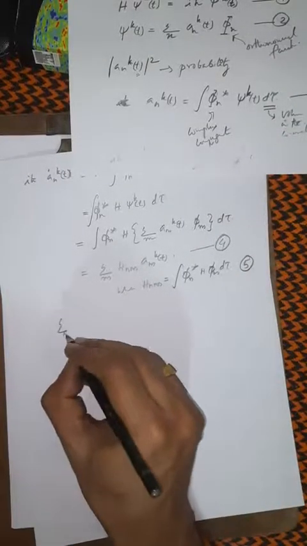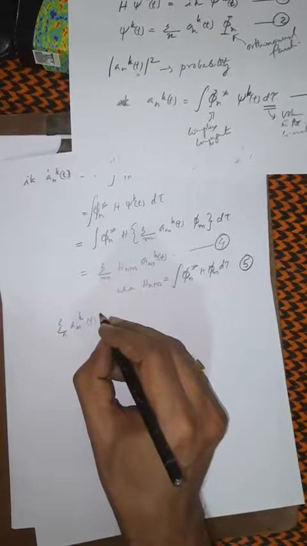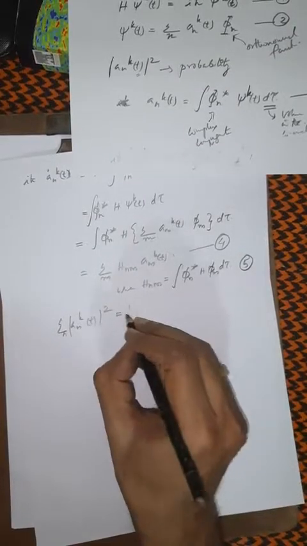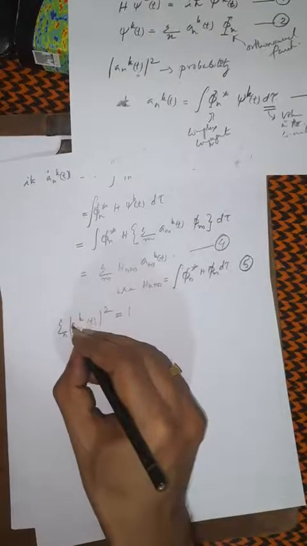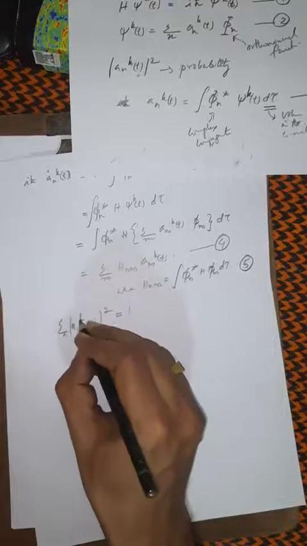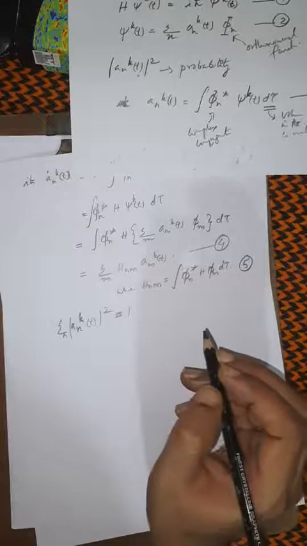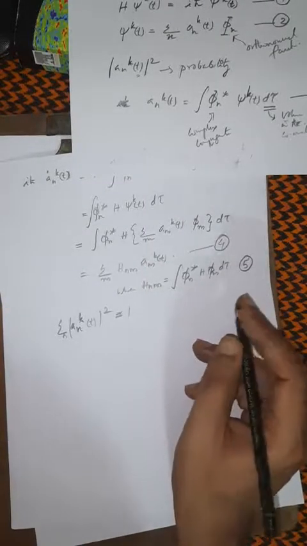So this summation over the probability has to be 1, because A_n(k,t) squared represents a probability, and the summation of the probability must sum to 1.